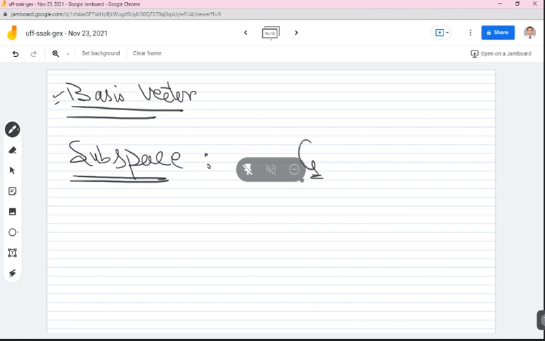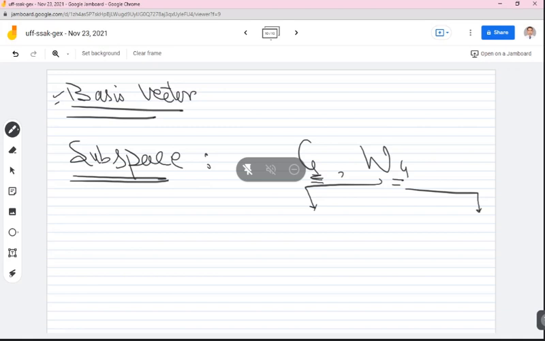suppose G is a graph. Okay, then G is a graph and WG is a vector space associated with this graph G. Then we can define two subspaces. The first one is called the circuit vector subspace, and the second one is called the cut set vector space.